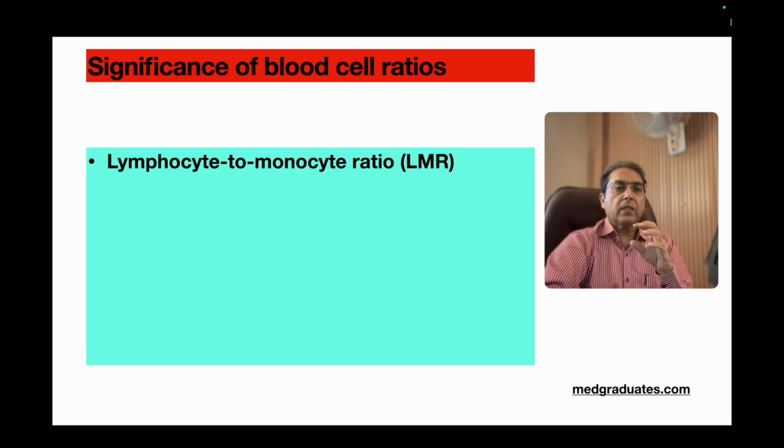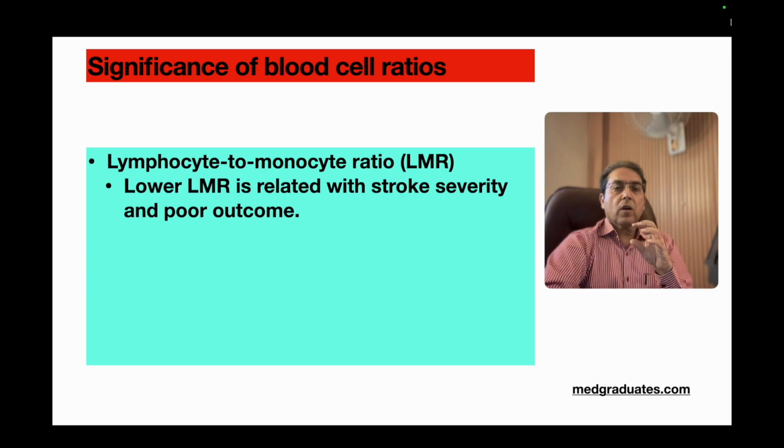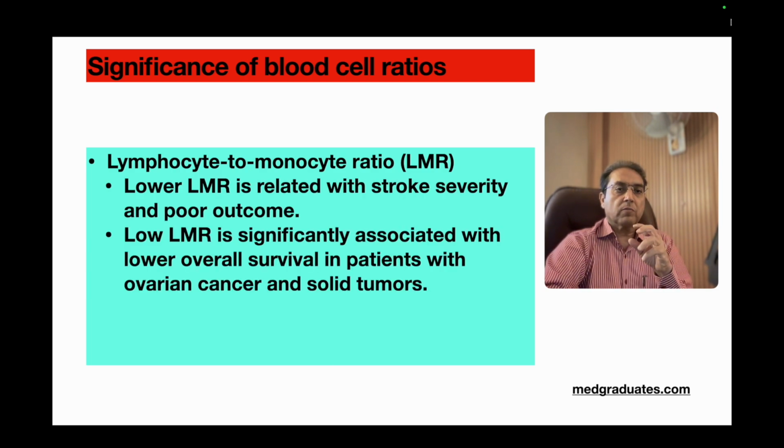Another example is the lymphocyte to monocyte ratio. A lower lymphocyte to monocyte ratio is related to stroke severity and poor outcome. Similarly, a lower ratio is significantly associated with lower overall survival in patients with ovarian cancer and solid tumors. So again, the lymphocyte to monocyte ratio can tell us about the prognosis in these solid tumors or ovarian cancer.